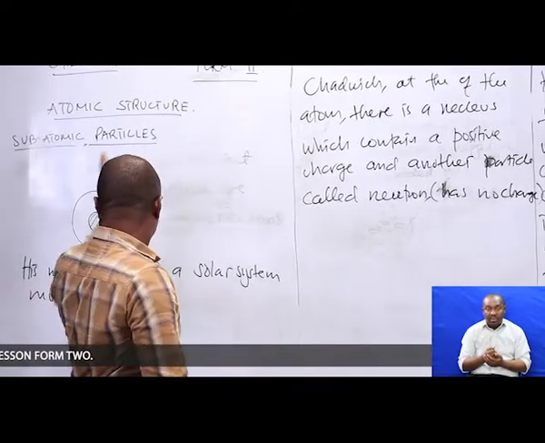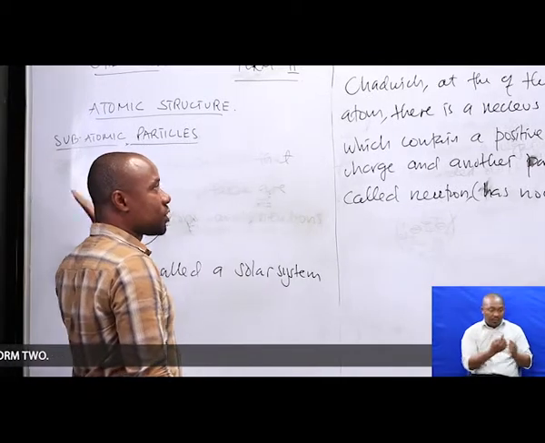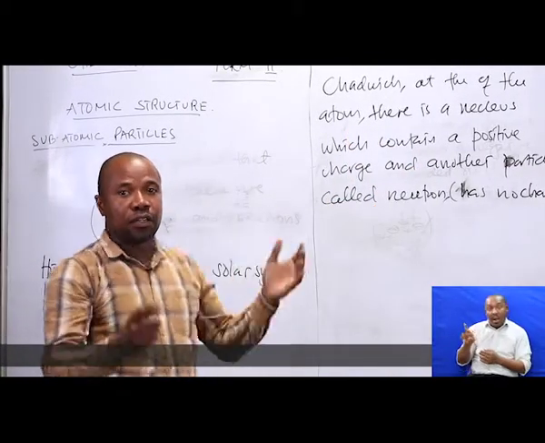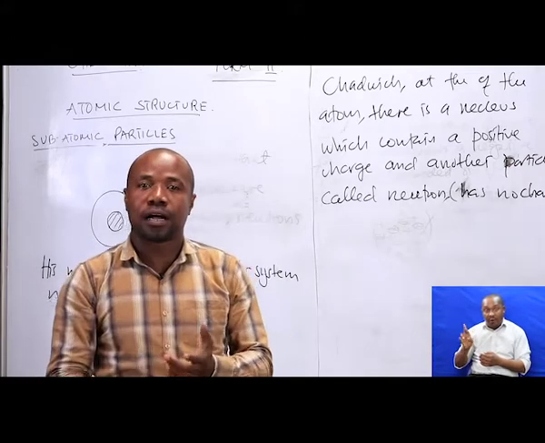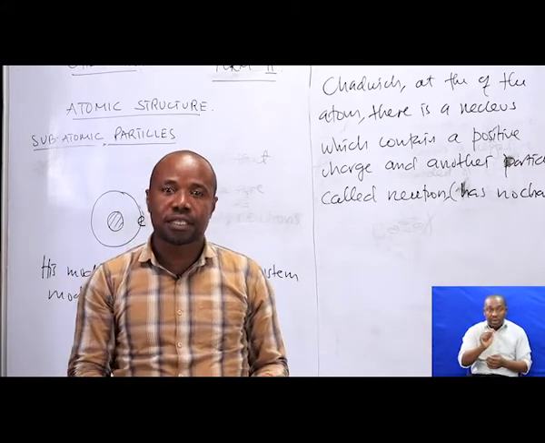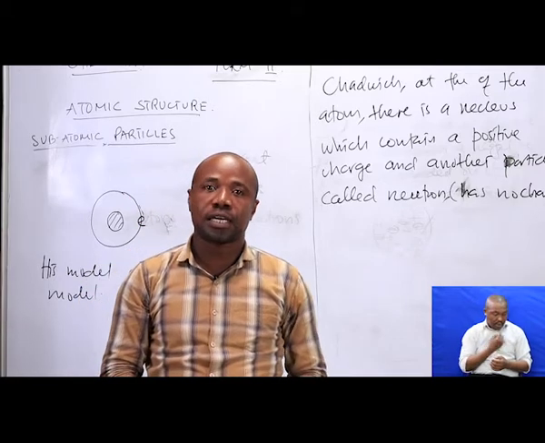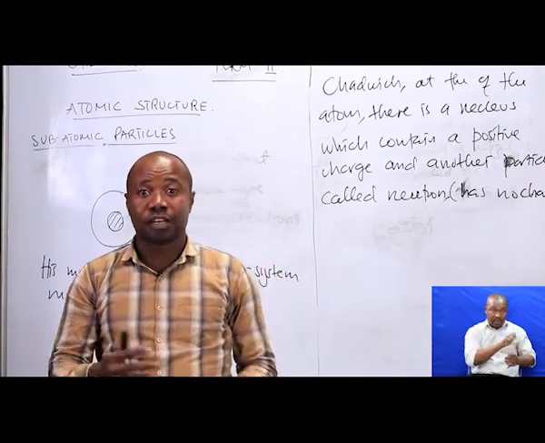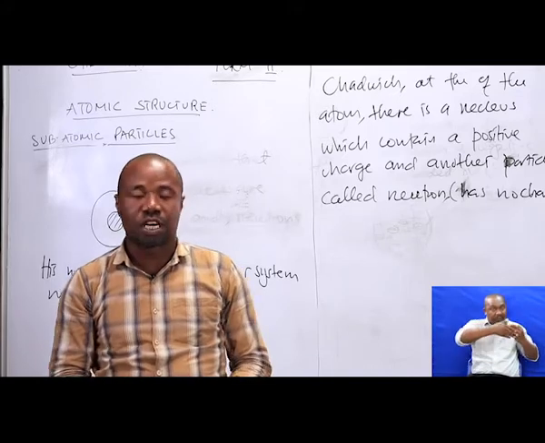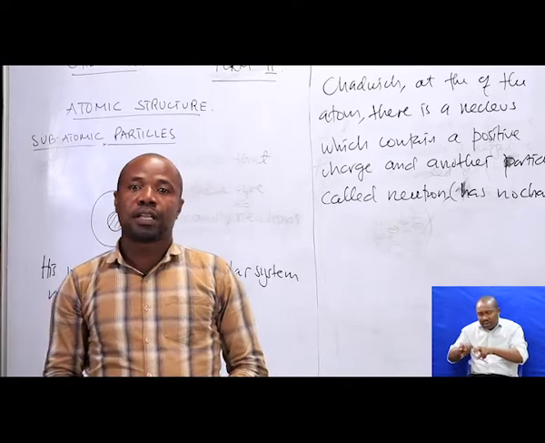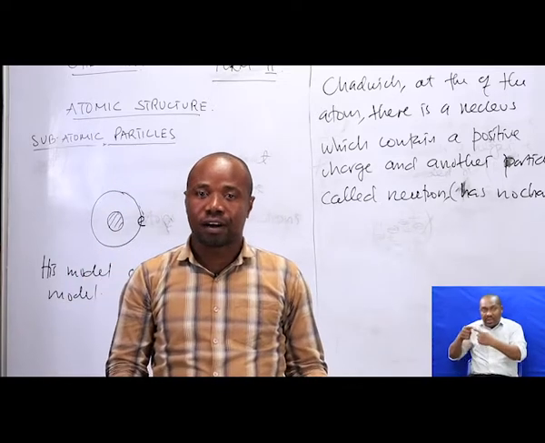So from J.J. Thomson to Rutherford and Chadwick: J.J. Thomson investigated what the atom has. He said there is a positive charge on which negative charges are embedded. Rutherford investigated where the mass of the atom came from.